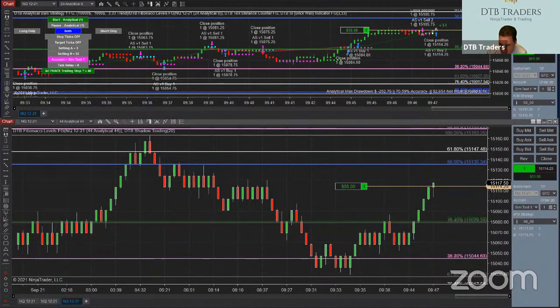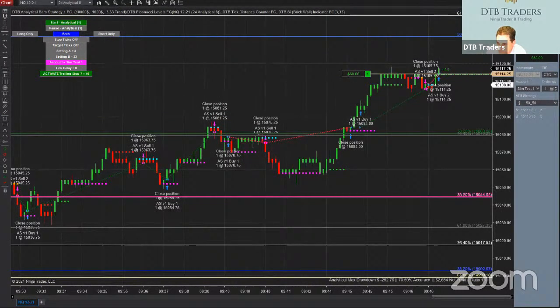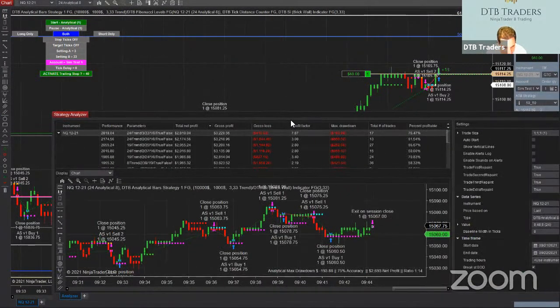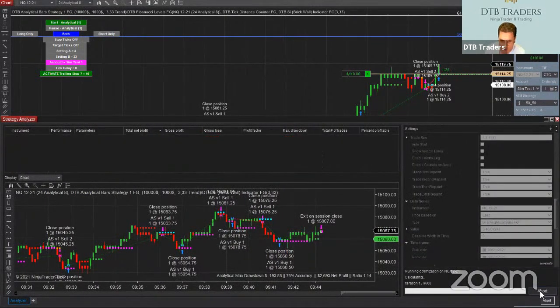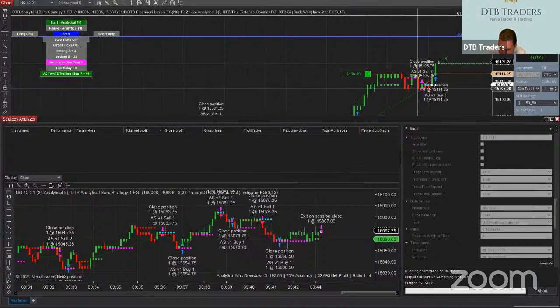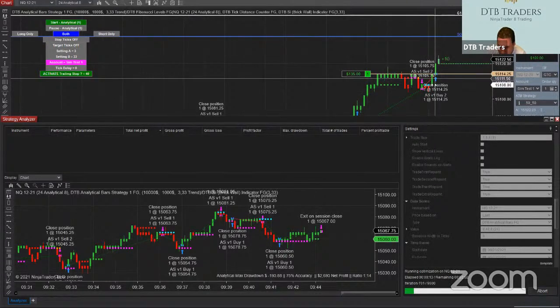Okay, so it's switched to a long again over there. So I'm going to let that continue in the background, and while that's running, I'm going to run some optimizations. We had a little bit of a sell position there. It was predicting the price to be dropping, but that quickly changed over into a long order.